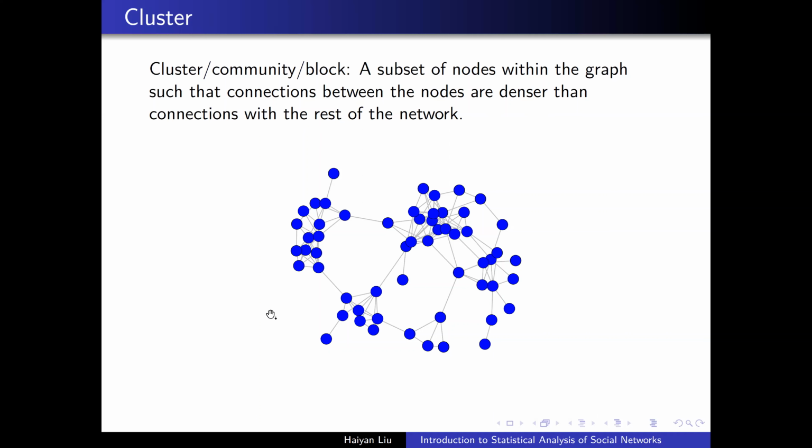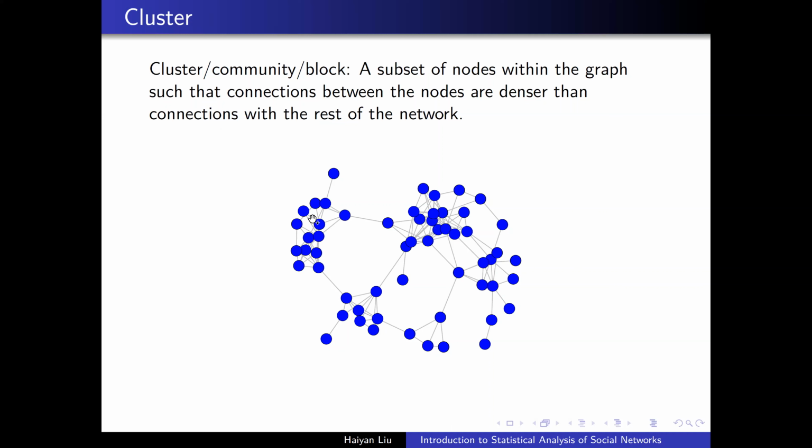Now, look at this graph. We have a cluster over here, and within this cluster, the connections are denser than across clusters. We may have another smaller cluster over here and another cluster over here.